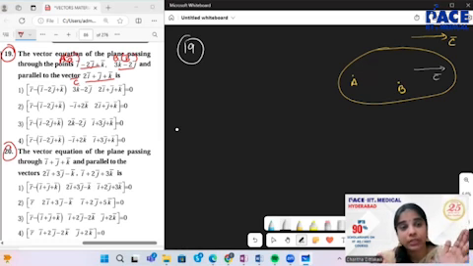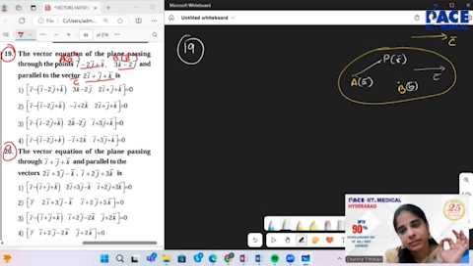Right? Now, in order to get the equation of a plane passing through some points, let me create an artificial point P, with position vector R. This is A and this is B, right? Now observe carefully, AP and AB are my two vectors.